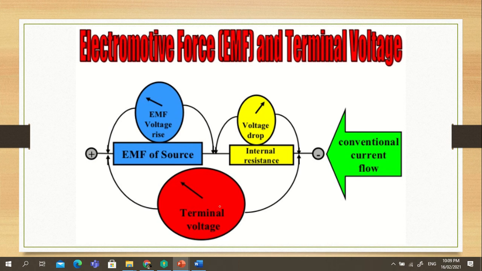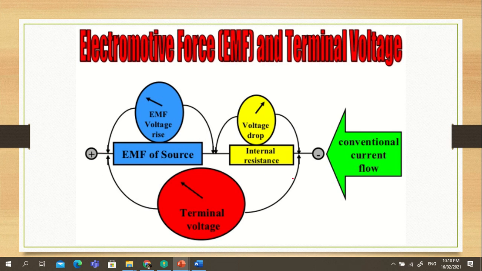So it's something like this, class. We have the conventional current flow, negative to positive. We have here the EMF, electromotive force of the source. When you measure the voltage, we have this EMF voltage. But because of the internal resistance, this is the whole thing, class.